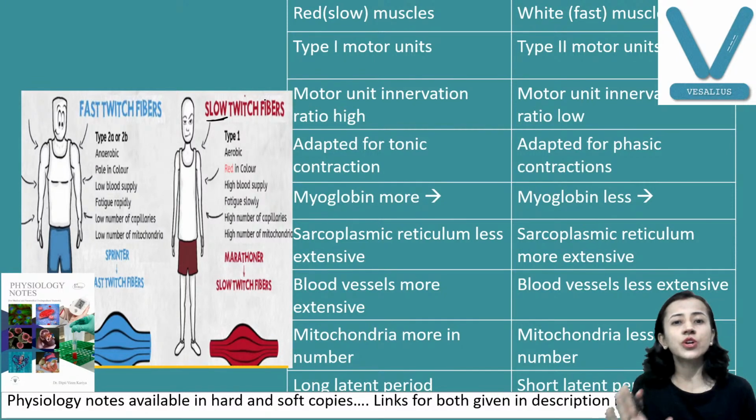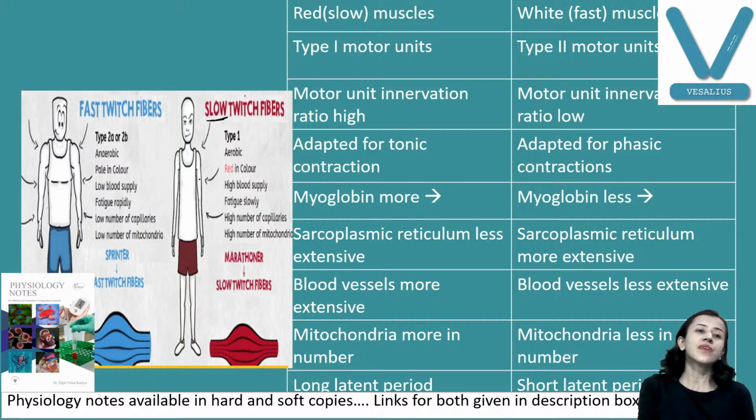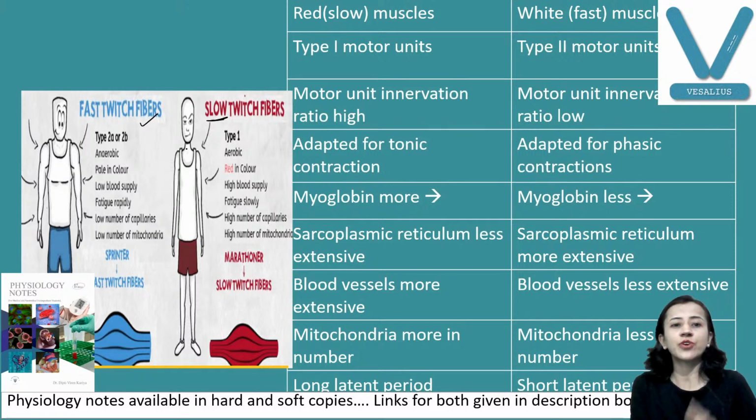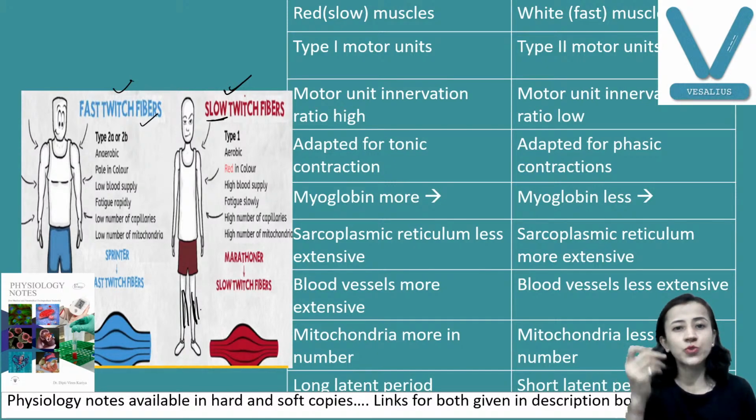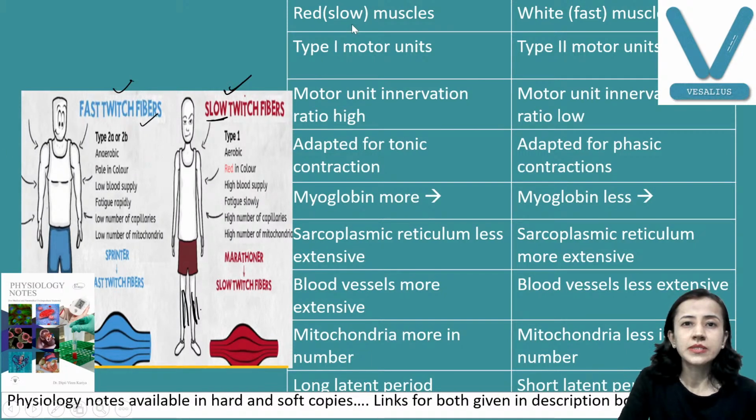They are for long duration of contraction, whereas white or fast muscle fibers are for short duration of contraction. For example, if we are standing for a long time, our leg muscles, our postural muscles, are contracted for a long period of time, so they are your slow fibers. And fast: suppose you are blinking your eye, your muscles are moving fast, or you are writing, your hand muscles are fast. Accordingly, slow fibers or slow motor units, and white or fast motor units.